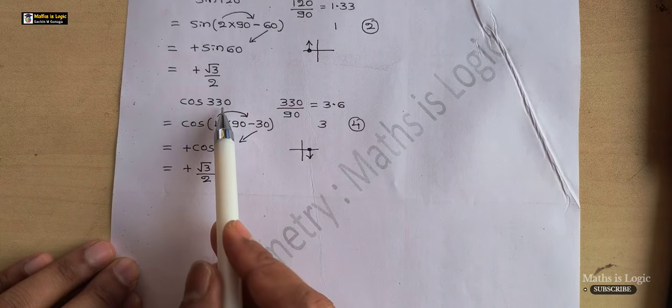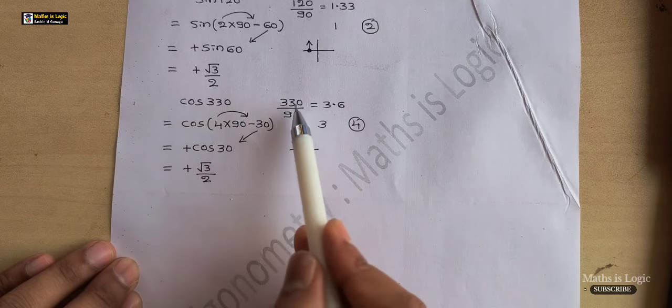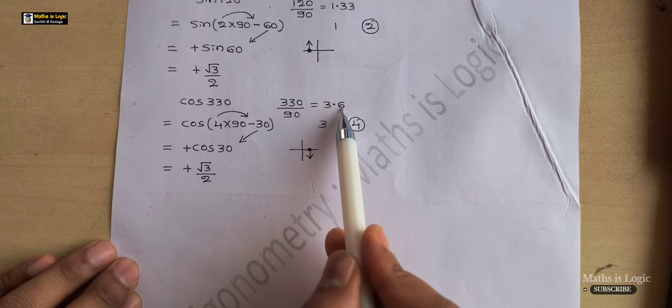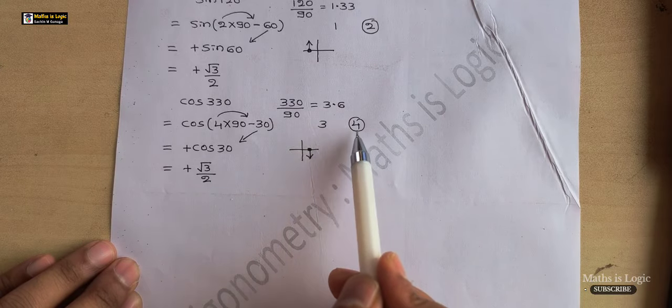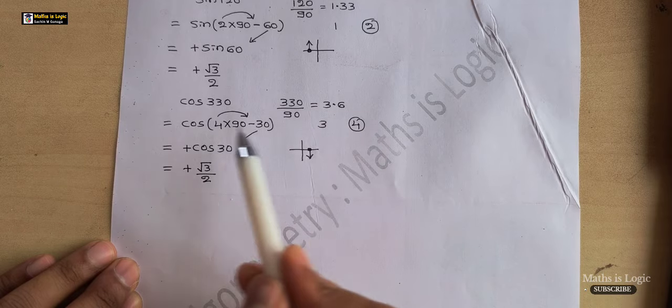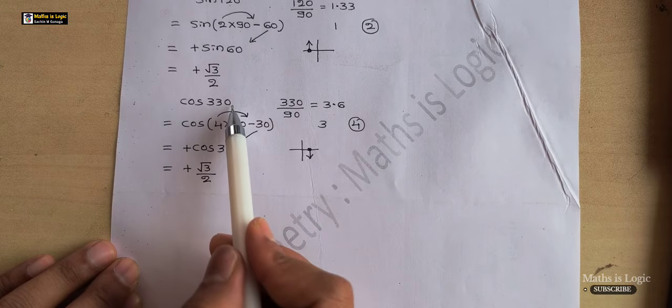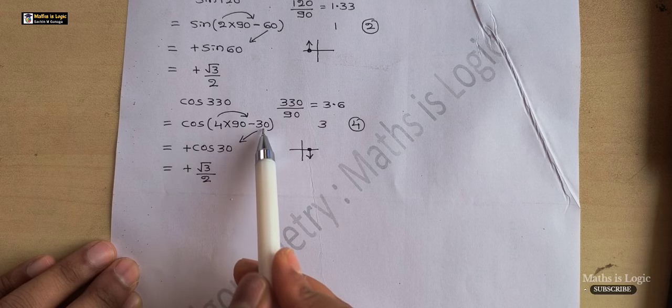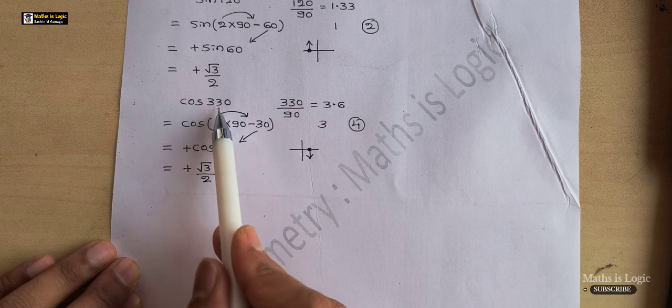Next cos 330, first this 330 degree divided by 90, we will get 3.6, that means 3.6 comes in between 3 and 4, so go for the even number. So how to write this 330 degree, 4 into 90, 360, 360 minus 30 is 330.